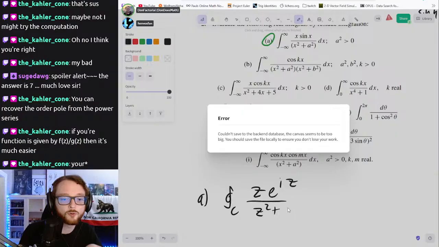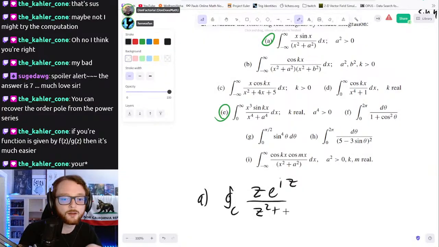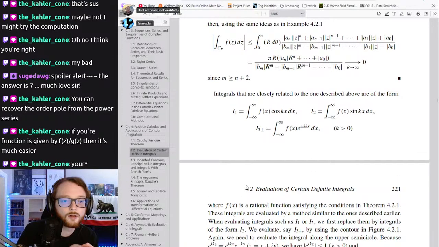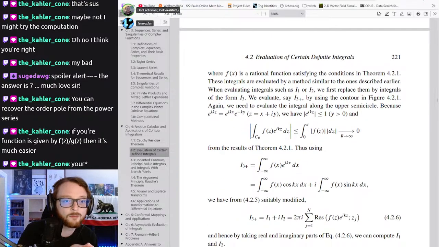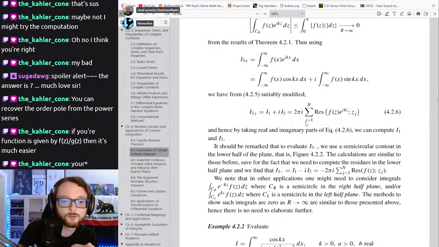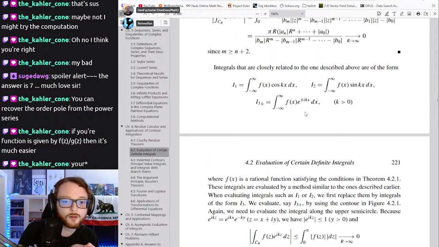So we're going to have a pole at ia and minus ia. Yeah, good. Okay, I like it. And so we have sine, and so we want the imaginary part of the residue.